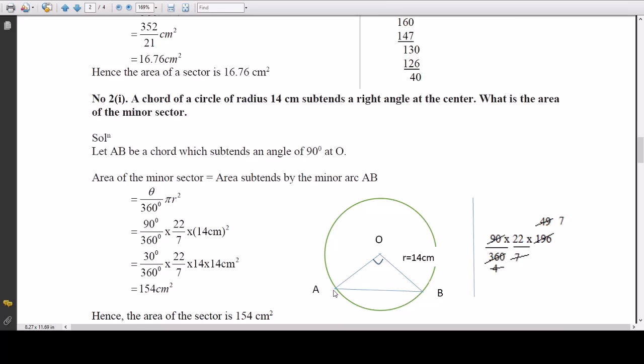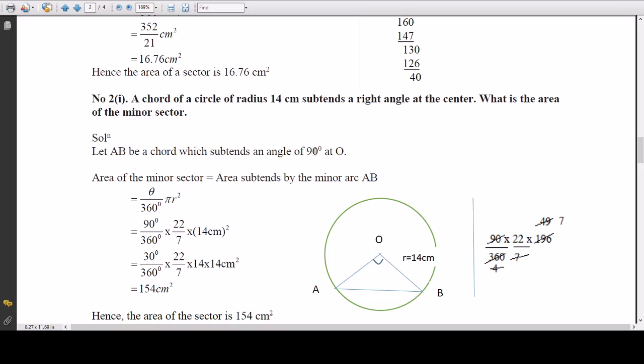Let's suppose AB is a chord which makes an angle of 90 degrees at the center O. Then the minor sector will be the area subtended by this arc AB at the center. This portion, AOB, will be the minor sector.